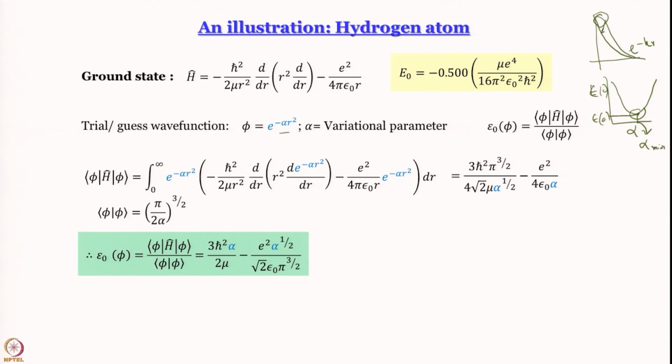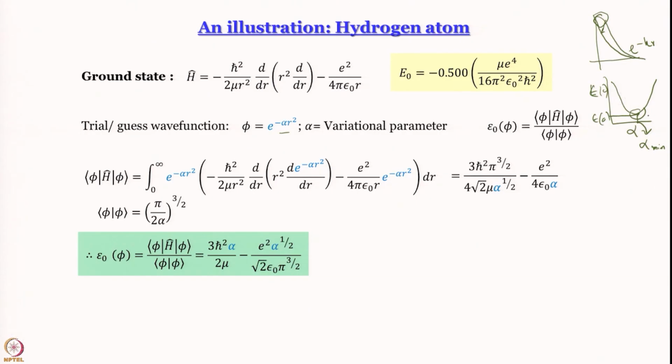Now, let us think of what we have learnt in high school calculus. I have a plot. How do I find the minimum of a plot or the maximum of a plot for that matter? Differentiate and equate it to 0, right. For maximum as well as minimum, the slope here is 0, is it not?